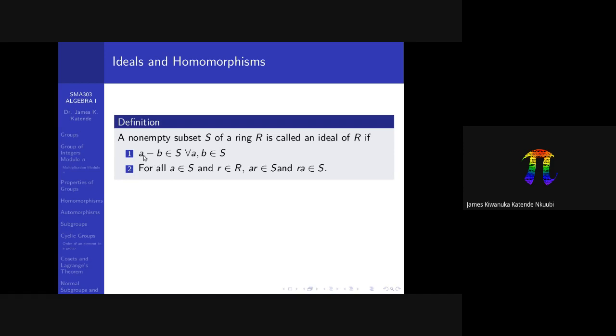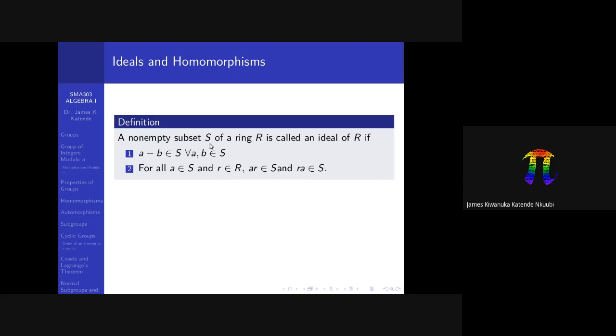The first one is A minus B will be in S for any pair of elements I pick from S. The second property is that if I multiply any element of S by some element from R, I will still get another element in S. So AR will be in S, and it doesn't matter on which end I multiply, either the left or the right, I still get an element in S.